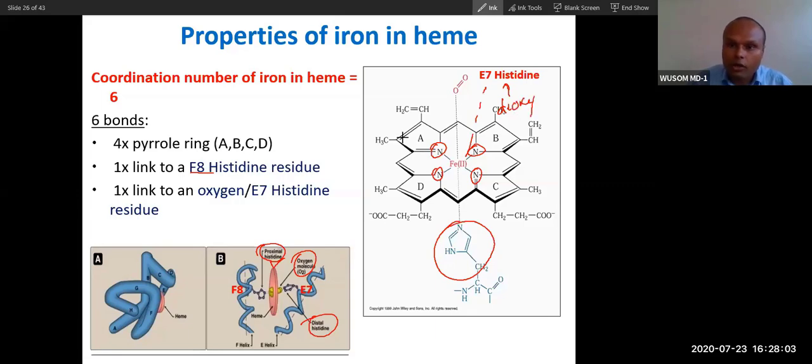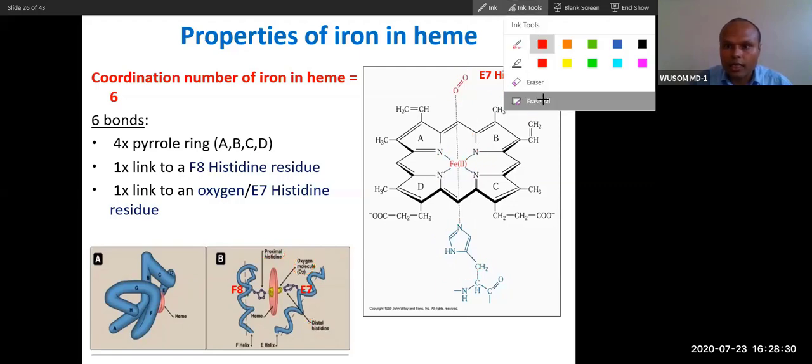In case of oxygenated hemoglobin, oxygen will come and replace this E7. So this is the difference between binding in oxyhemoglobin and deoxyhemoglobin. In oxyhemoglobin, at the E7 position, oxygen will bind. In deoxyhemoglobin, E7 will bind to the iron and satisfy the sixth valence.